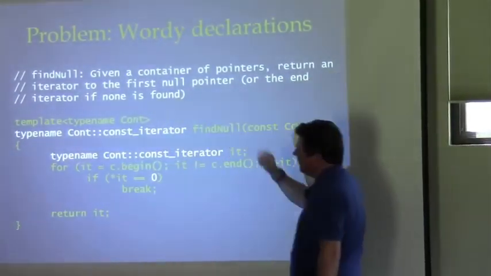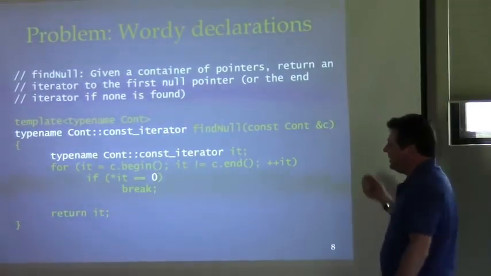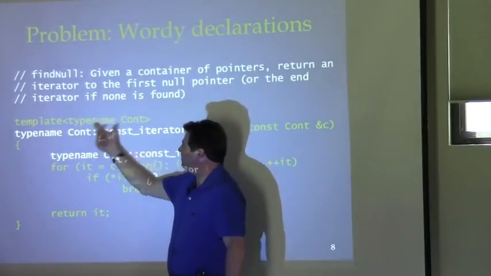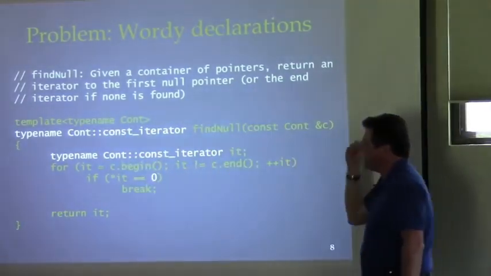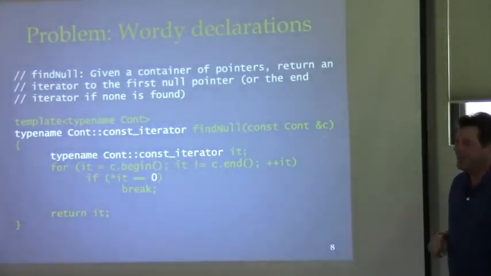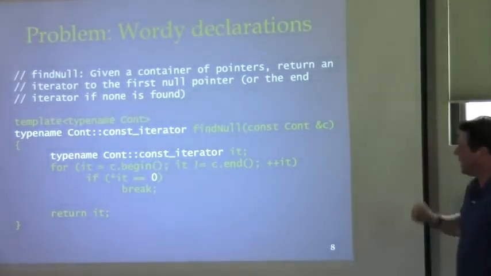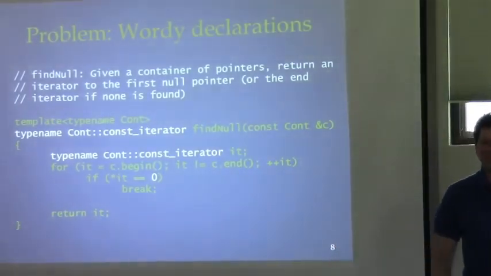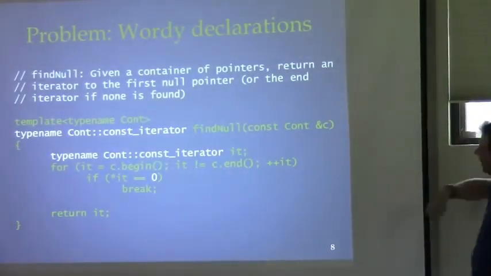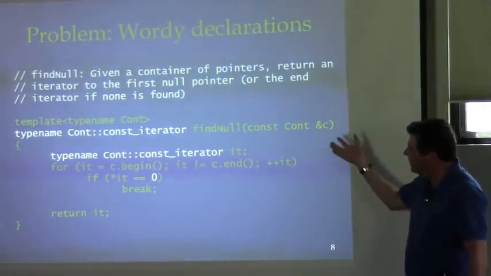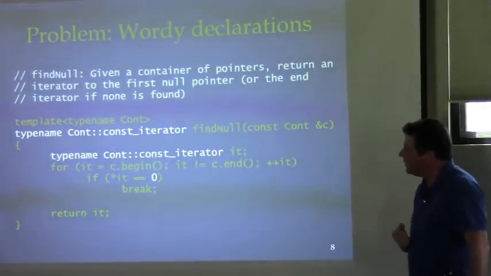Well, it just turns out that in old C++, whenever you declare something whose type is dependent on a template parameter, it opens up this whole can of worms because of something known as two-phase translation. Two-phase translation is that the compiler has to process this source code once, just sort of to do a syntax parse, and then later it's going to process it again when it's actually specializing the template for some specific container type.